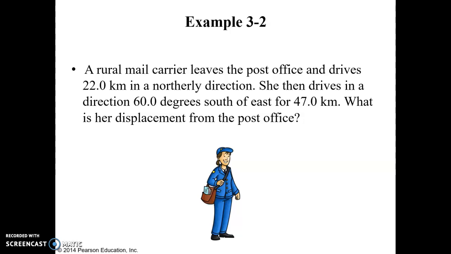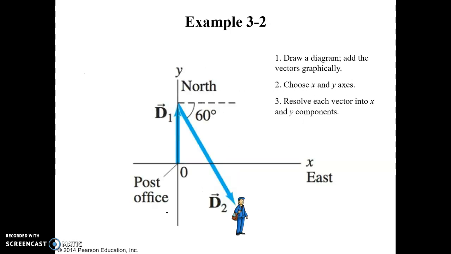So basically we have two vectors that we need to add. We have the vertical vector d1, that was 22 kilometers straight up, and then 47 kilometers along this direction that makes a 60-degree angle with the x-axis, or east.